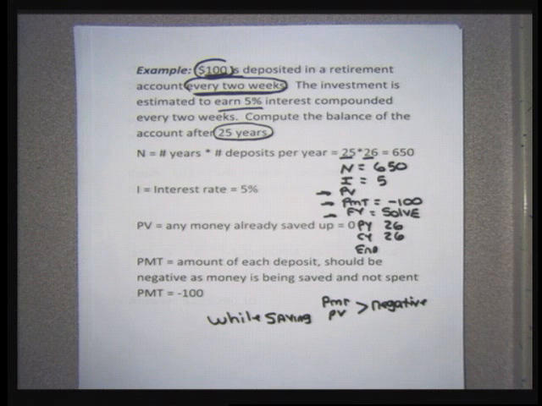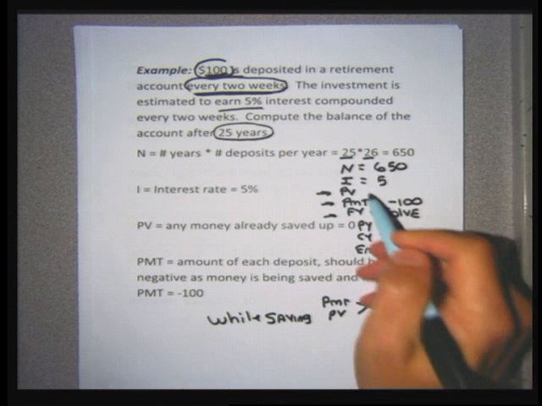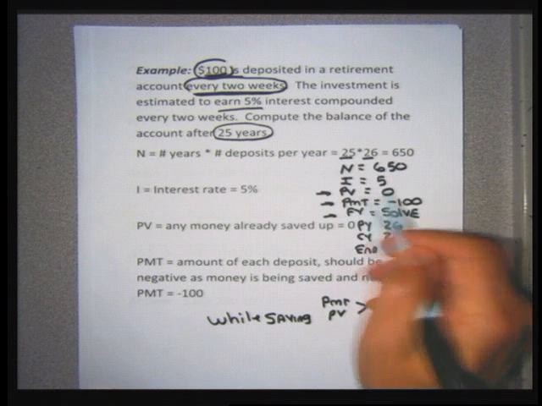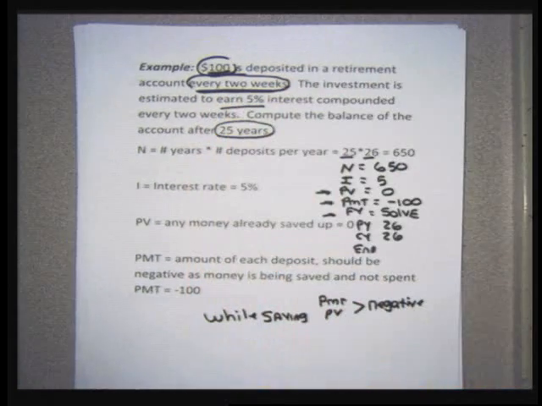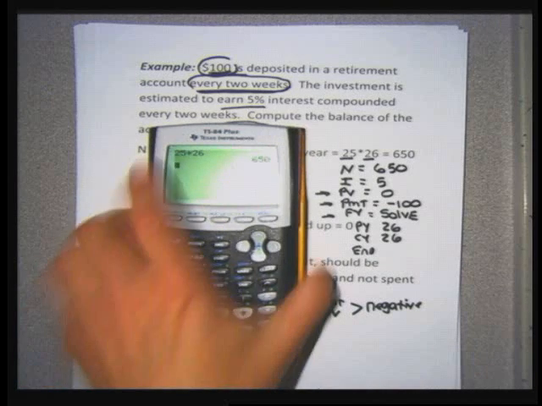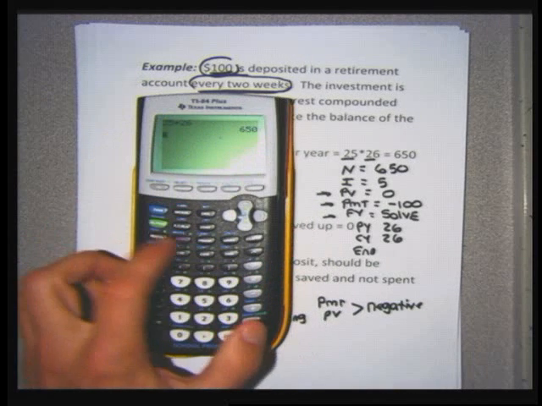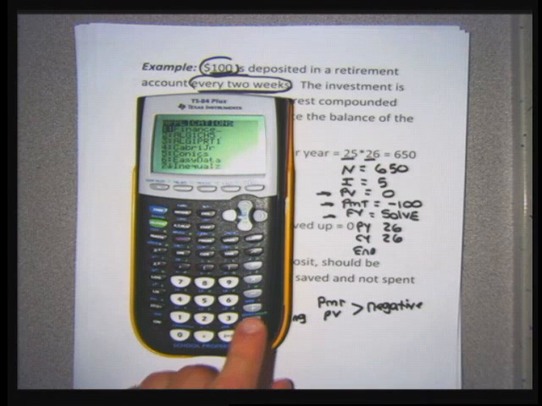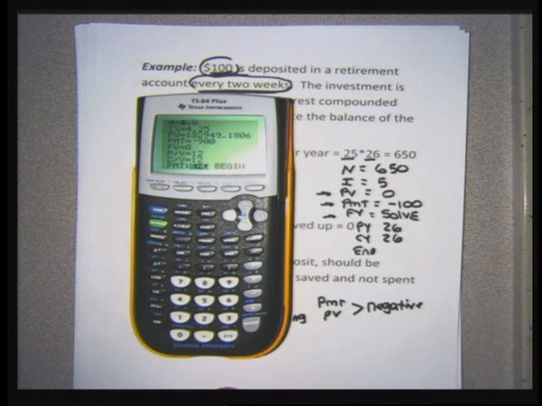When you know what you're solving for and you're still missing an amount, the other amount has to be 0. The PV would only get a value if, while I'm saving, the account already had some money in it. So I go to my TVM solver: apps, finance, enter on TVM solver.